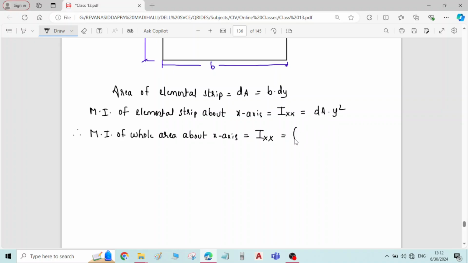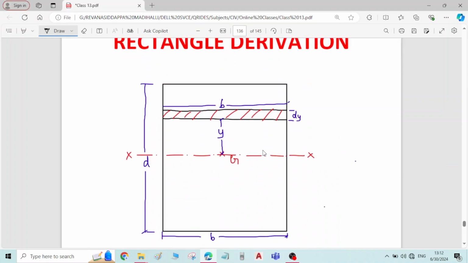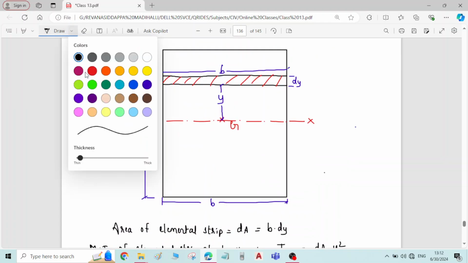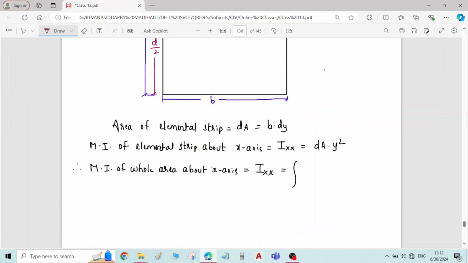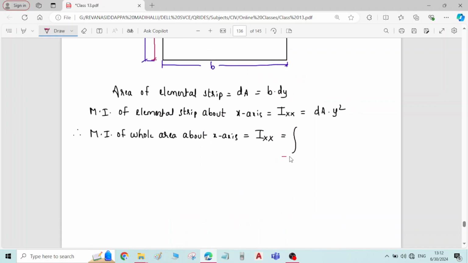Integration limits, see, this is very important step. The distance of the centroidal axis from the base of the rectangle is d by 2, and above the x-axis also it is d by 2. So here limits will be from minus d by 2 to plus d by 2.